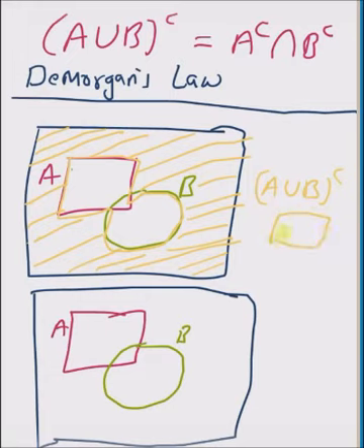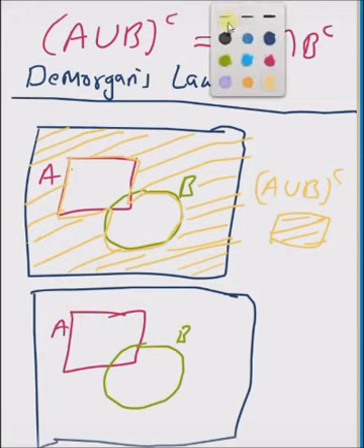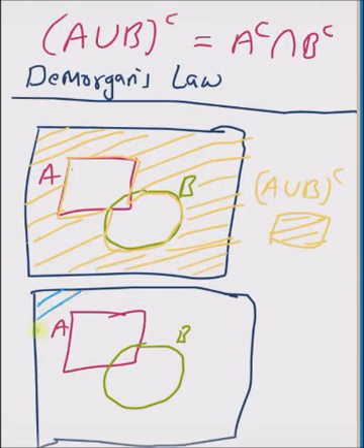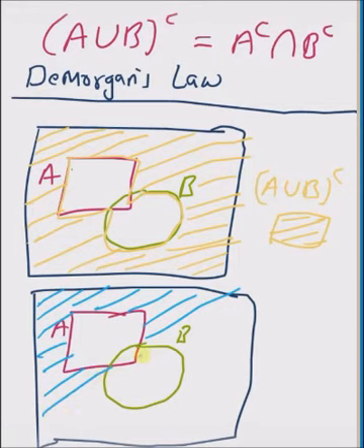Hence, A union B complement is given by the region with this shade. Now, the other side of De Morgan's law, that is A complement intersection B complement, can be determined as follows. For example, the region A complement can be traced or shaded as follows.